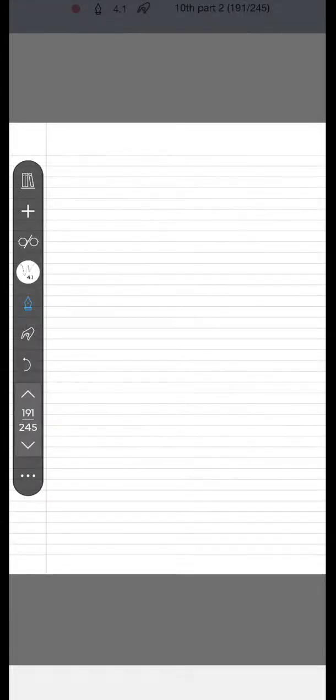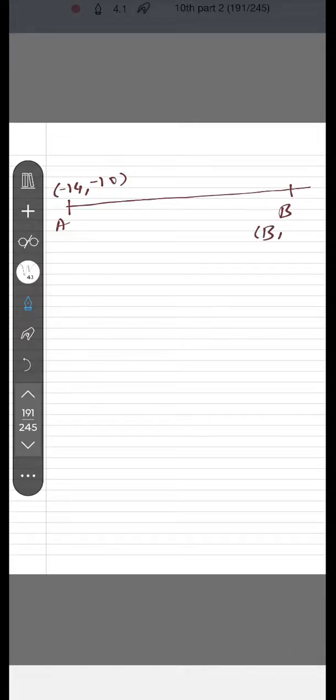New page, and here I will explain it. See, there is a number line, point A, and this is point B. The coordinates they have already given: A is (minus 14, minus 10), B is (6, minus 2).